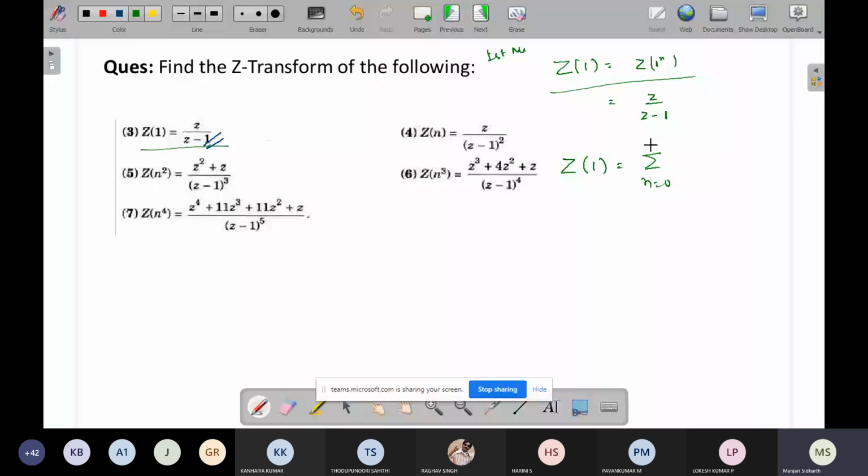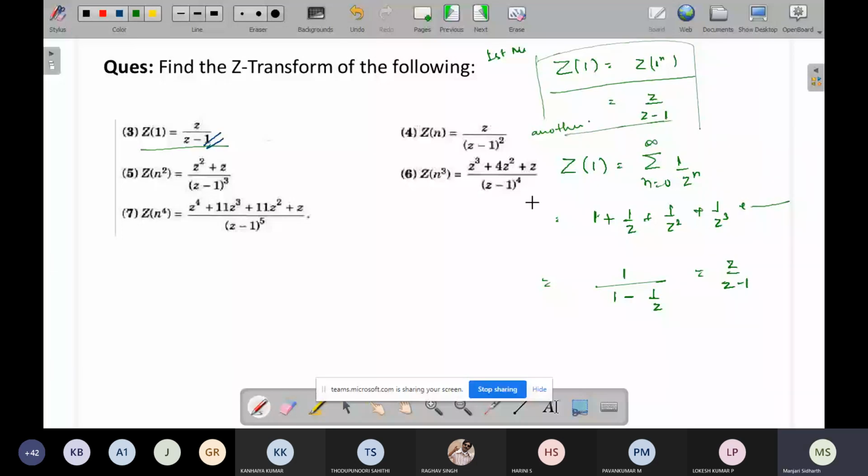So this is your another method. First term, n equals 0, so 1 plus 1 by z plus 1 by z square plus 1 by z cube and up to infinite. Again a GP with common ratio 1 by z, first term over 1 minus 1 by z. That means z over z minus 1. See this and this. Same.